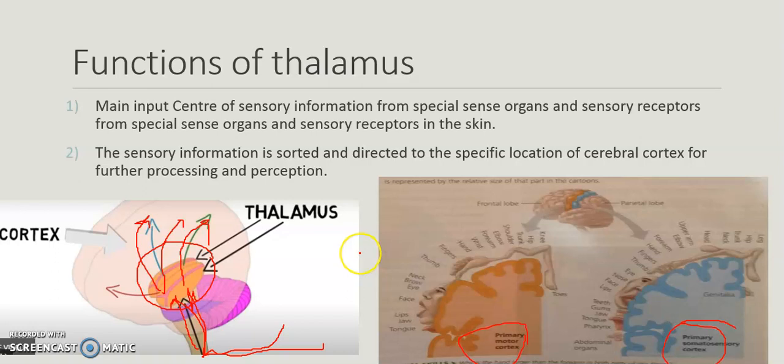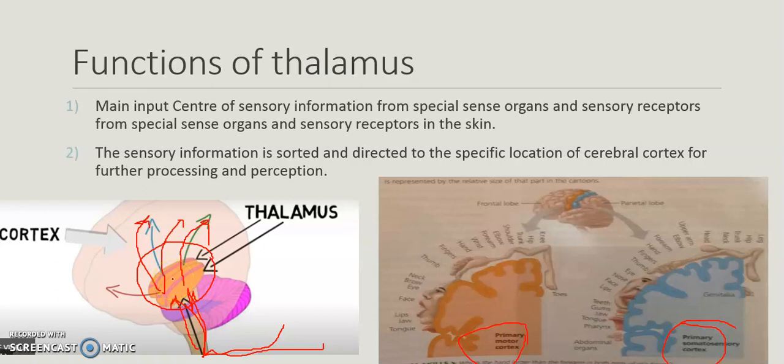As I told you, the thalamus is the one sorting out the information, and it is the only one to direct the information to the specific locations in the cerebral cortex. If information is coming from the eye, at once there might be several pieces of information coming, so they will be sorted out. The thalamus is the main input center, and next it sorts out to which place each should be directed.